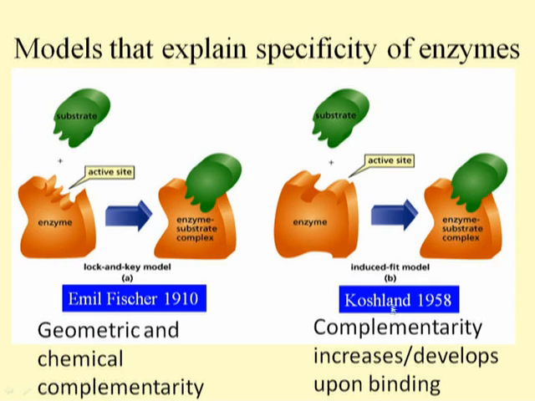So the Koshland model and the Emil Fischer model are particularly noted for the difference in the flexibility of the enzyme. In the lock and key model, the enzyme is considered rigid like a lock, and in the Koshland model, it is considered flexible, more like a glove in which the hand fits.